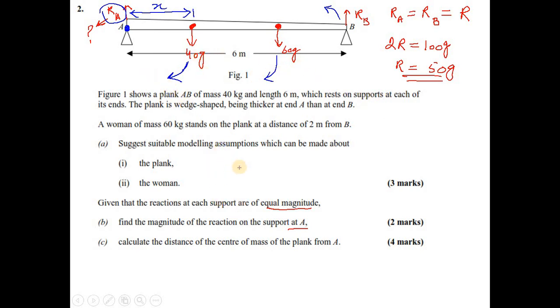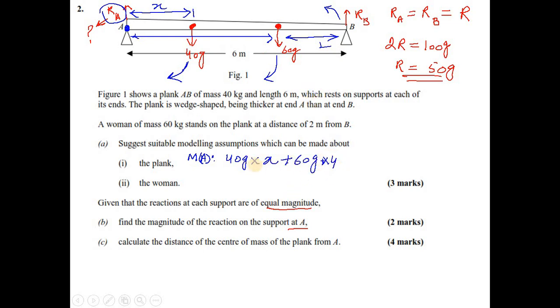So you can apply the condition of the moment, and you can say that the moment about A, so 40g times x plus another clockwise moment, 60g times distance, and you know that this distance, the woman is standing at 2 meters, so this is 2, 6, so 6 minus 2, which is 4, 60g times 4.